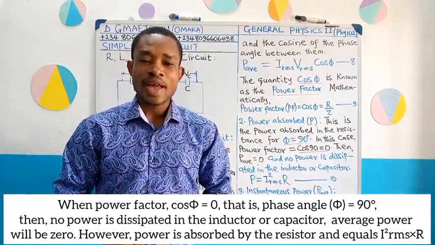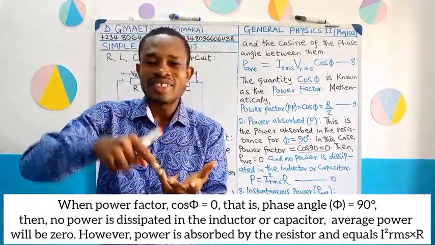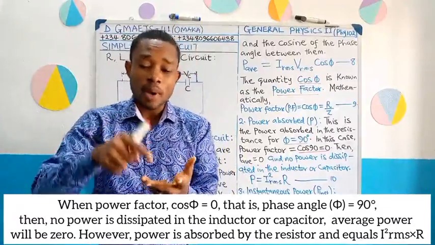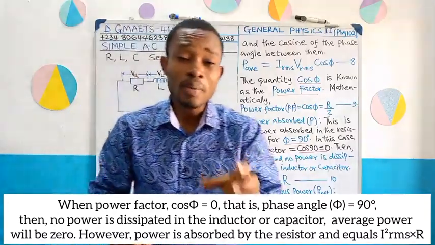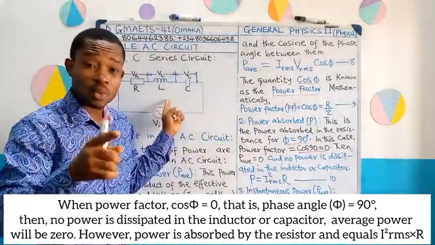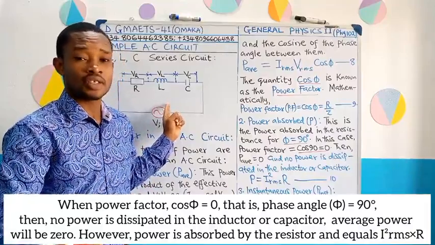Now, when such happens, the power dissipated in the inductor will be 0. The power dissipated in the capacitor will be 0. What does that mean? It simply means that no power is dissipated in the inductor when the power factor is 0, which is when the phase angle is 90 degrees.